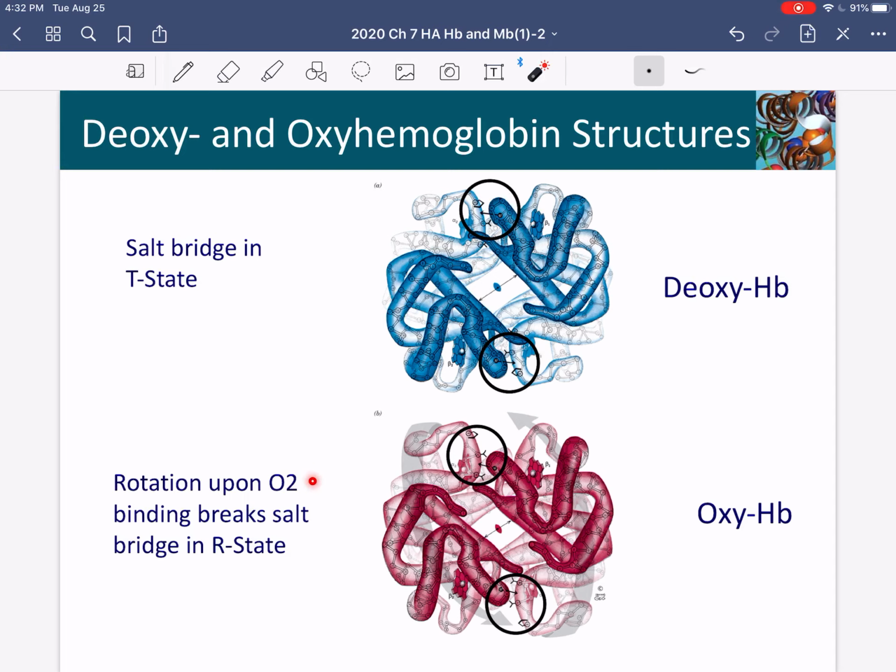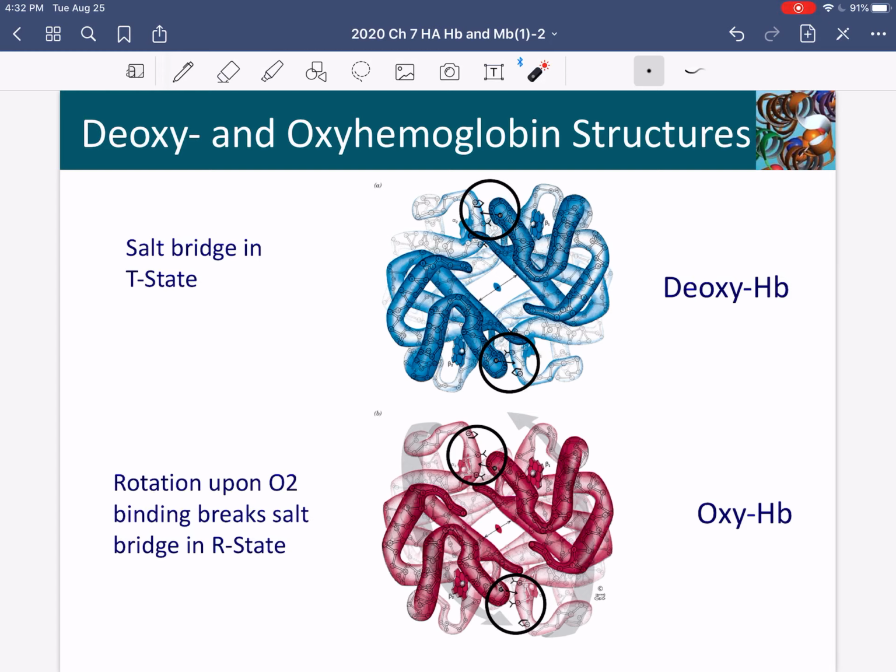So when oxygen binds, you get this rotation, opening the jar, unscrewing the jar lid, actually moves the position of the elbow of deoxy, moves down, away from its position when it was upward in deoxy.